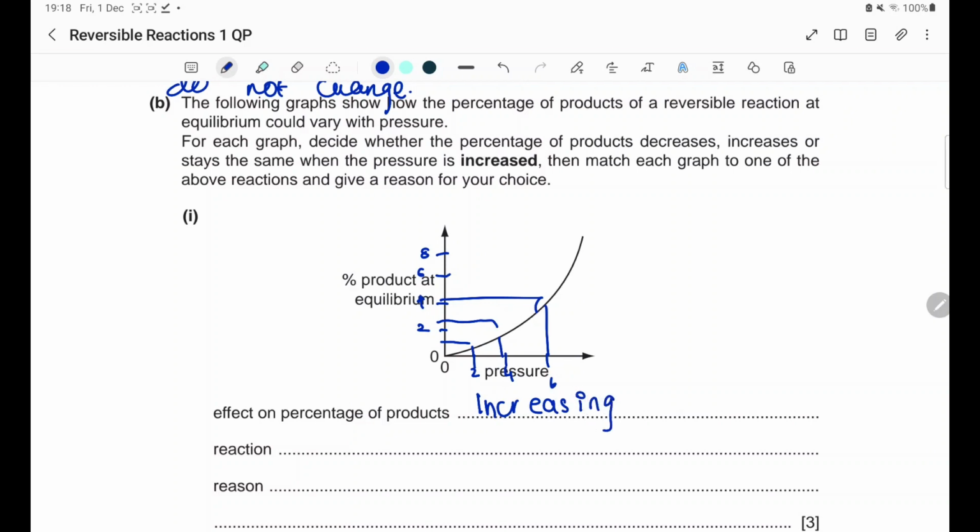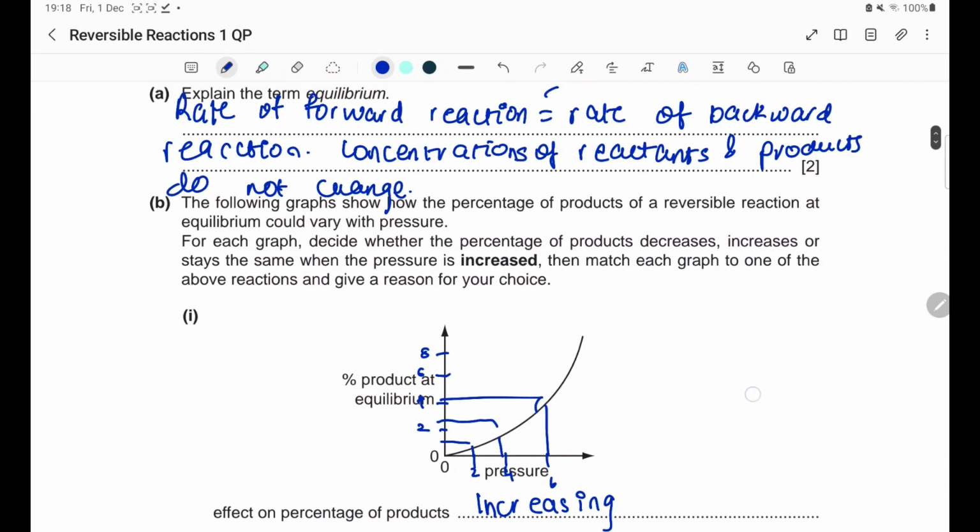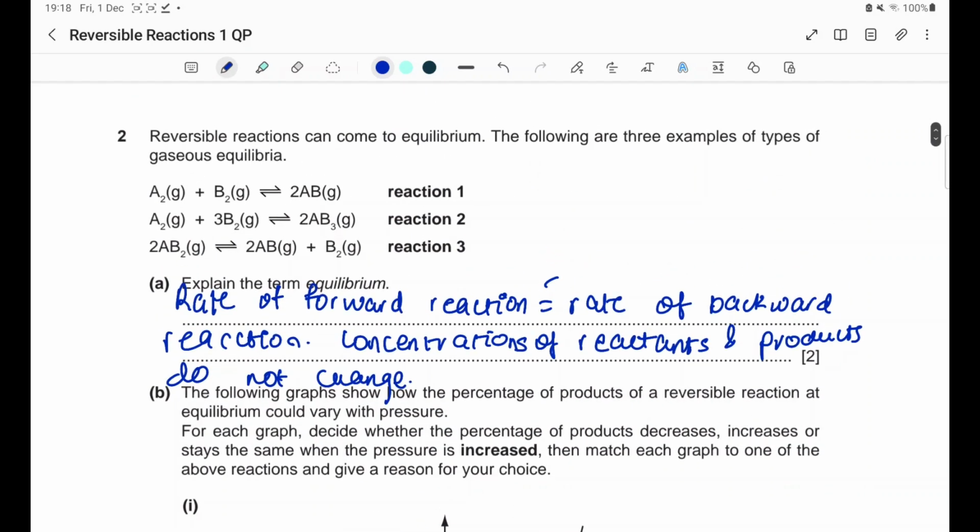That means that when the pressure is increased, your product is increasing, which would mean that the product has a smaller number of moles, because an increase in pressure causes equilibrium to shift to the side with the smaller number of moles.